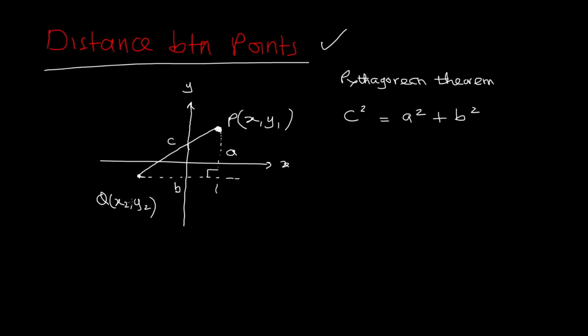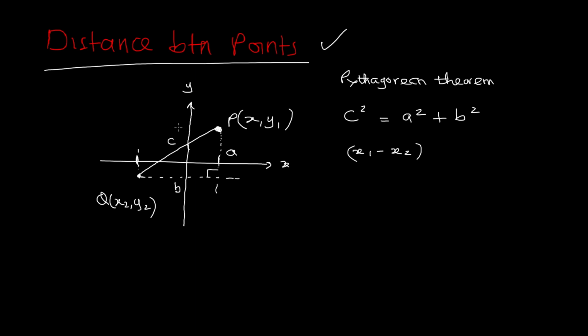And so if we look closely at this, this is just from this point to that point here. So this is the x, but the x here we say is x2, and the x there is x1. So we can say that the distance from here to there is x1 minus x2, like that.